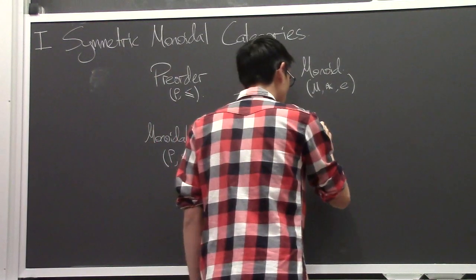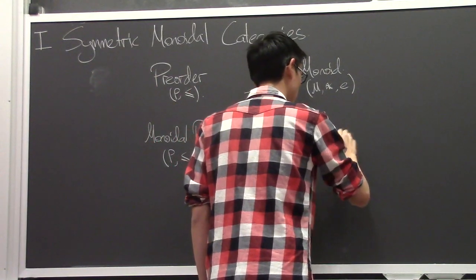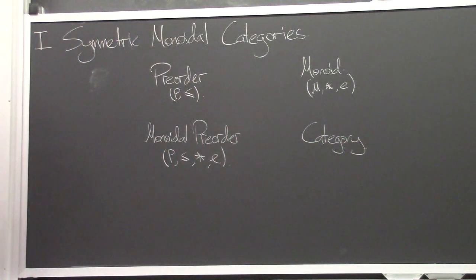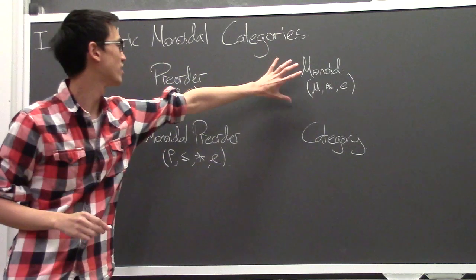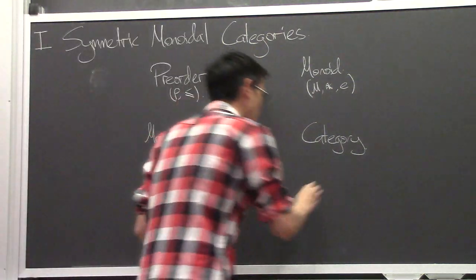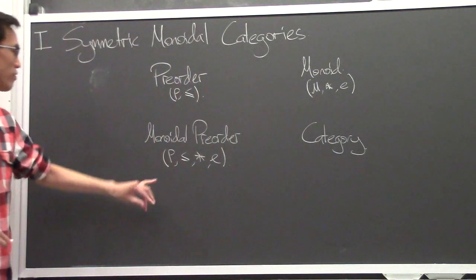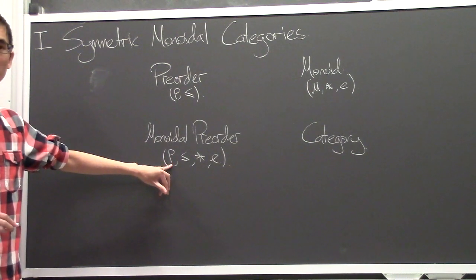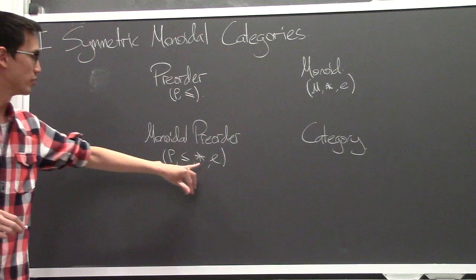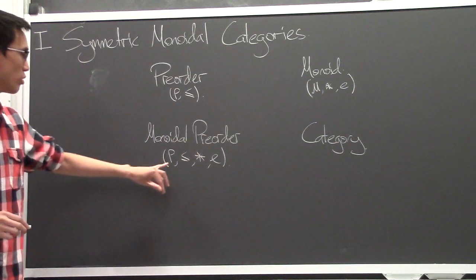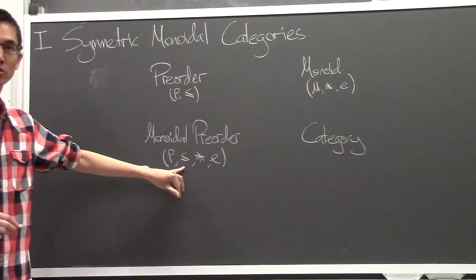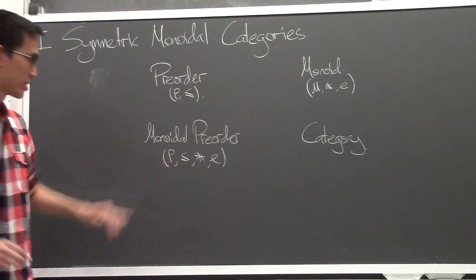Then we saw the notion of the category. So this is at once a generalization of a monoid and a preorder, but instead of being able to compose elements of the preorder using our operation, we start having ways of relating them, and we can compose those ways of relating these elements.